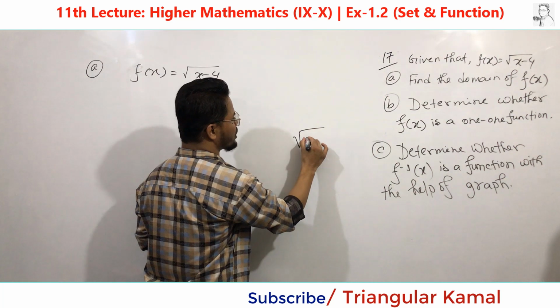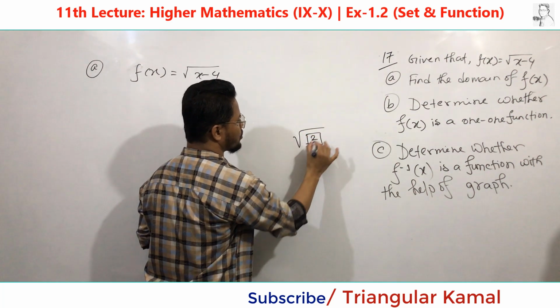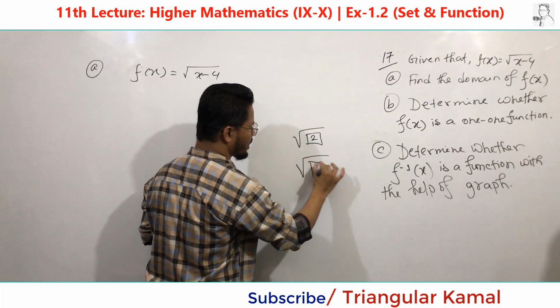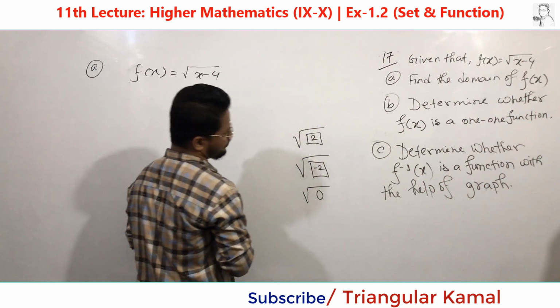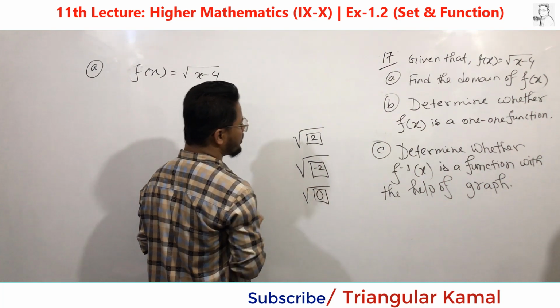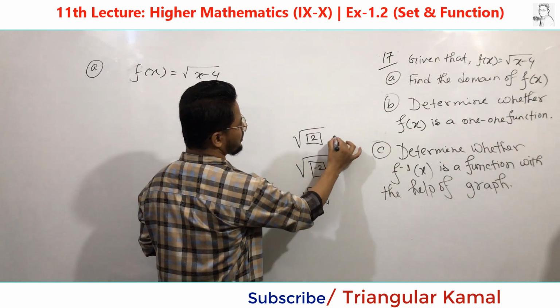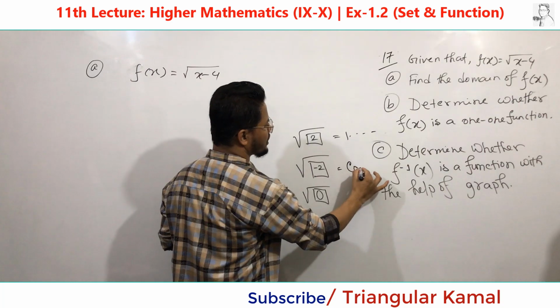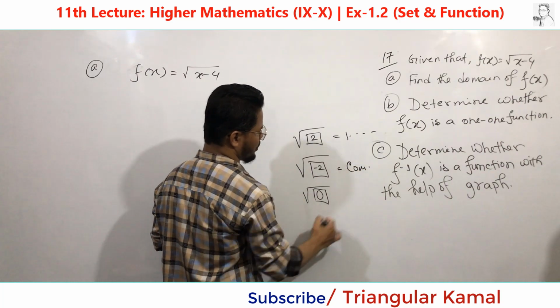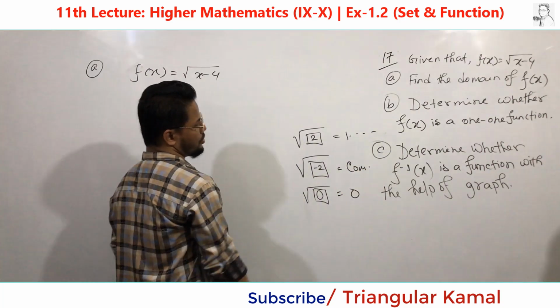Root over any positive number like 2, root over any negative number like minus 2, root over 0, which give you the numerical value. This one will be 1 point something, this one will be a complex or imaginary number, this one will be 0.